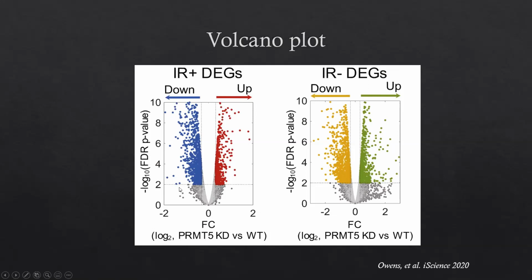After we choose a reasonable cutoff, like here we choose FDR less than 0.01 and fold change around 0.5, then we may get the number of differentially expressed genes, either upregulated or downregulated after the PMT5 knockdown. And there are two different conditions here. One is with irradiation, the other one without radiation.